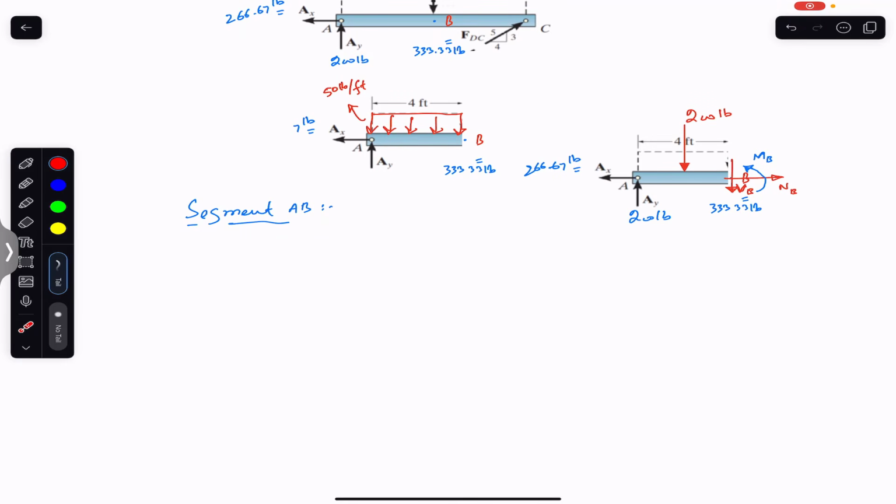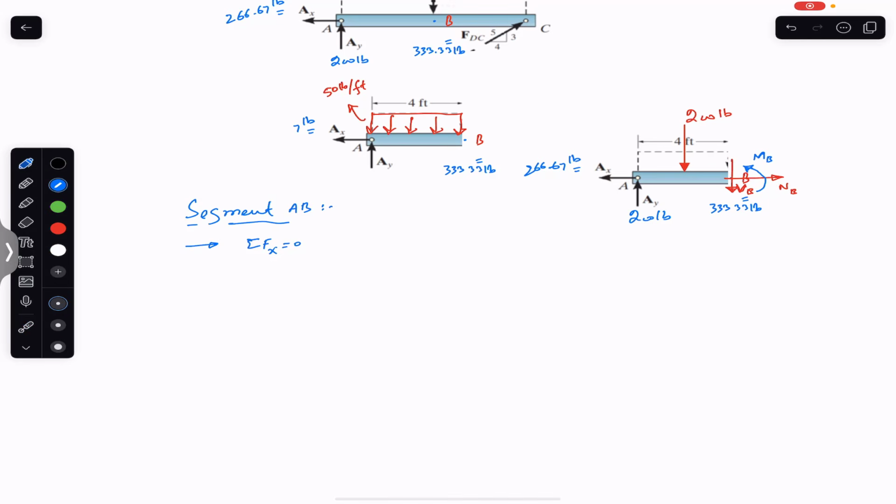So now while considering the AB segment, again we are going to apply the equilibrium condition since the whole frame is in equilibrium. So again we apply the summation of forces along X equals 0 while considering segment AB. So now we have this AX and we have this NB. Towards the right is our positive direction always.